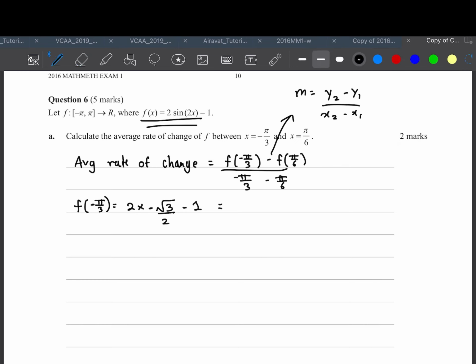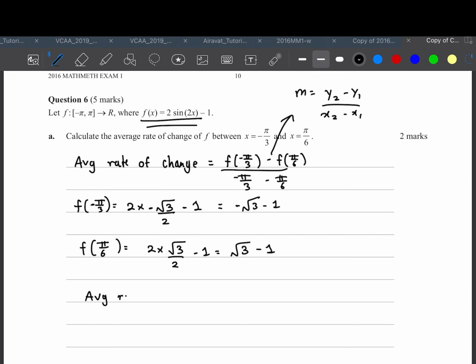So this will simplify to negative root 3 minus 1. And f of pi on 6 is going to be 2 times square root of 3 on 2, minus 1, which equals square root of 3 minus 1. Alright, so now we just plug all of the values into the formula.